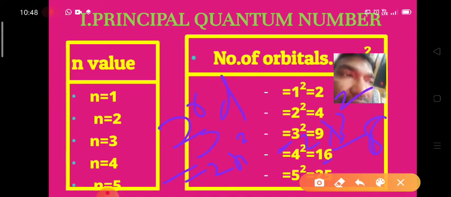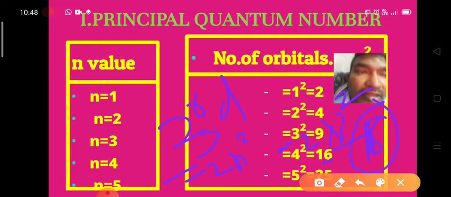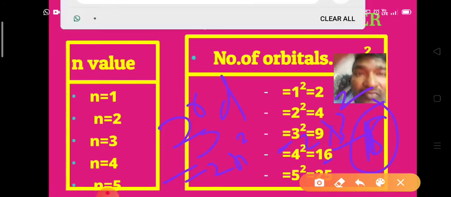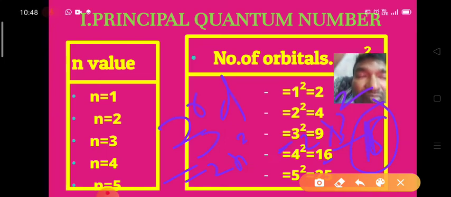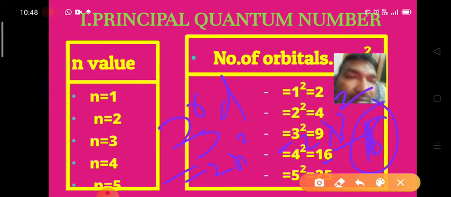So only 18 electrons can be accommodated in n equal to 3, the third main energy level. Like that, we can calculate the number of orbitals and the number of electrons that can be accommodated in the main energy levels.